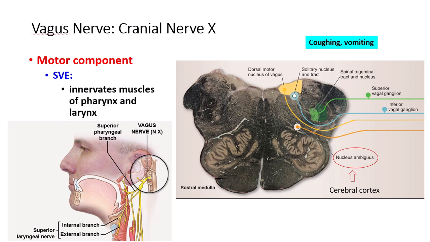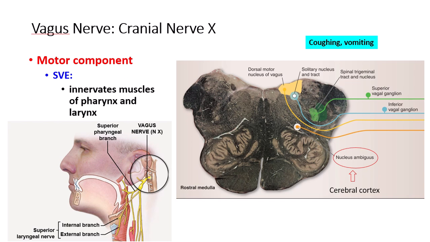Another thing, which I just put here in the box, is coughing and vomiting. Coughing and vomiting reflexes are also initiated in this area, in the pharyngeal and laryngeal areas. So nucleus ambiguus is carrying motor information, and it is connected with cranial nerve 5 and the solitary nucleus, which are getting sensory information.